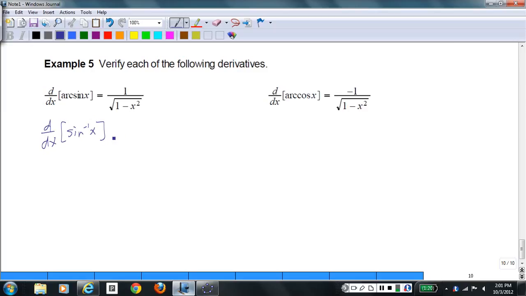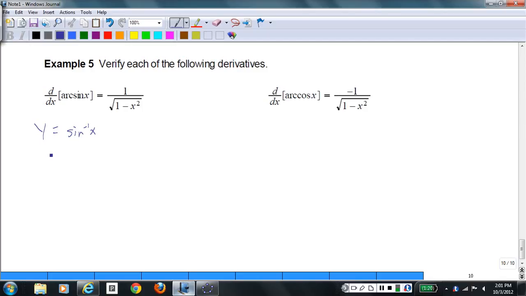Well, let's call this y. Let's say y equals the inverse sine of x. I want to find dy/dx. Let's see what this is equivalent to.